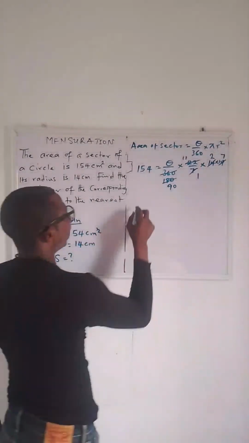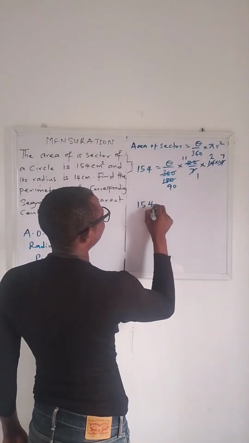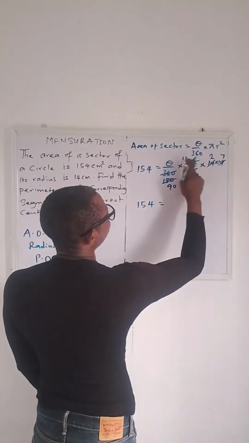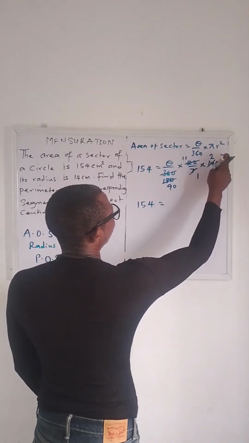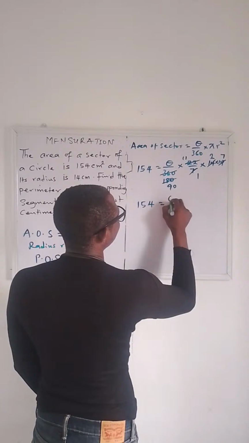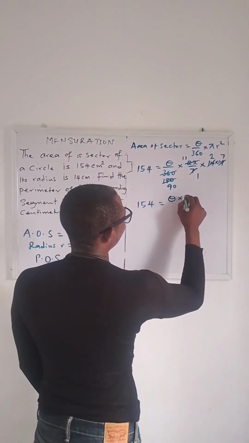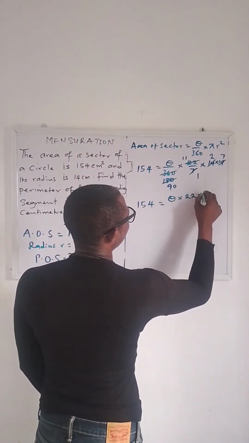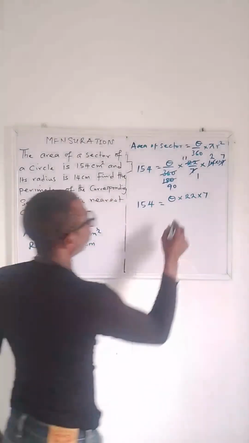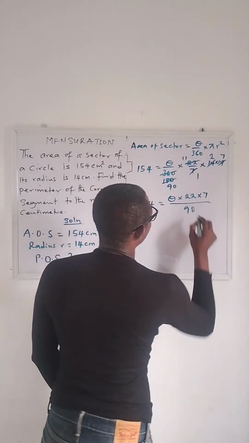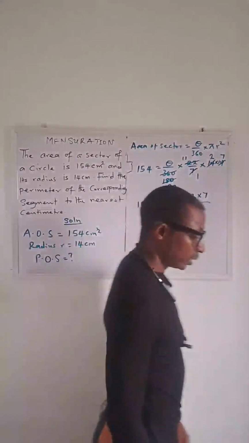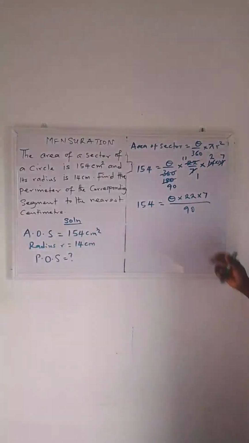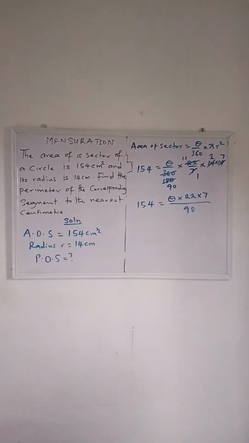So we end up having 154 equals theta times 22 times 7, everything all over 90. Now with what we have here, can you tell me what theta will be? Tell me what theta is going to be.